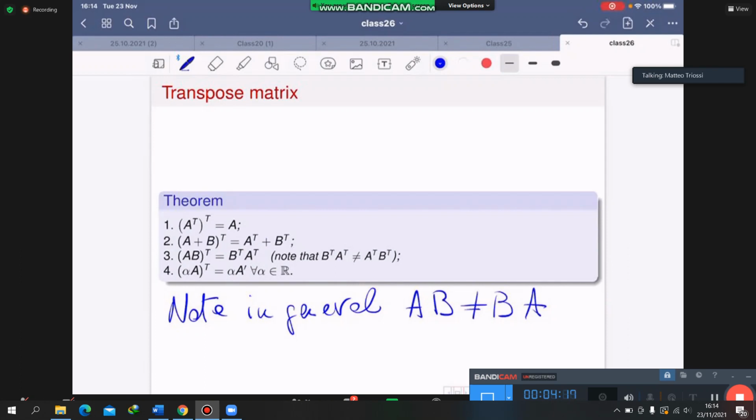In particular, when multiplying two matrices, be careful about whether you can perform this operation.